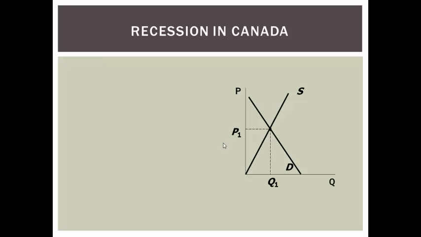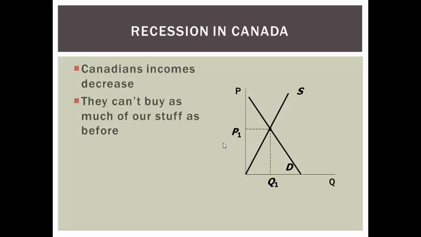Before, they used to need dollars in order to come and visit us, right? Now they don't have income to come and visit us or buy our products. So they're lowering their demand for dollars. They simply don't have enough Canadian dollars to exchange for US dollars. So we show it as a decrease of demand, a movement of the demand curve to the left.